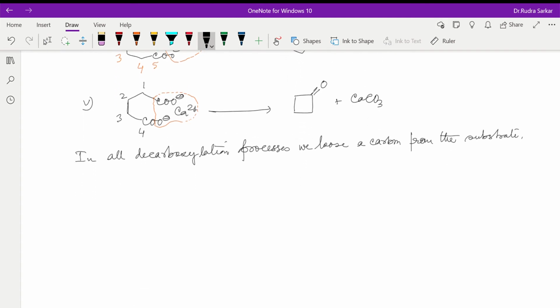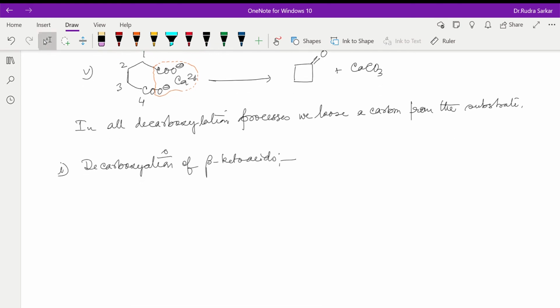Let us study another decarboxylation process, which is the decarboxylation of beta-ketoacids.